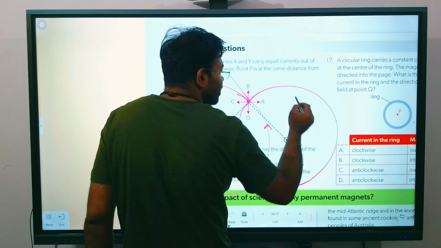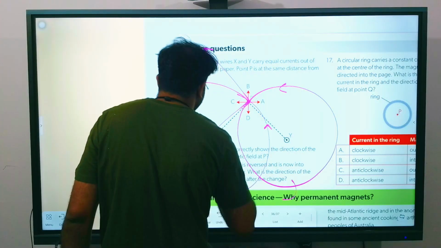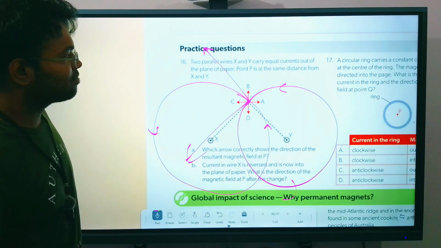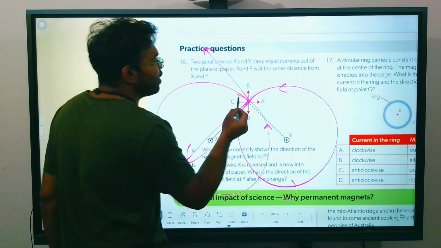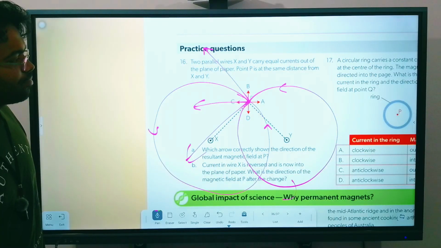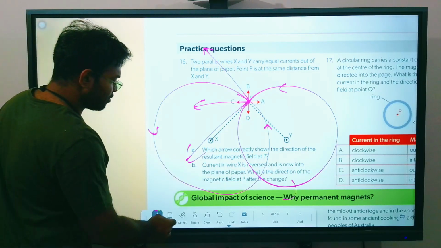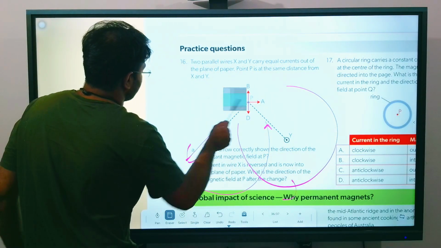And this field will also be in the anti-clockwise direction. So at this point, you will get a field like this. So both of them will have a resultant here. So only C is correct. Understood? How I got this? You understand? Okay, next.